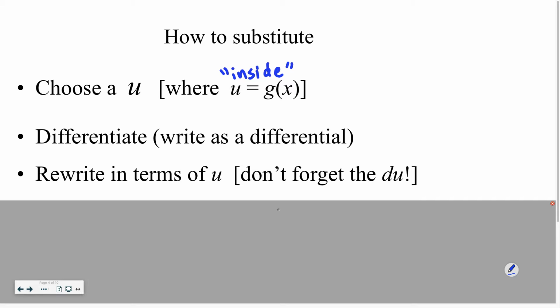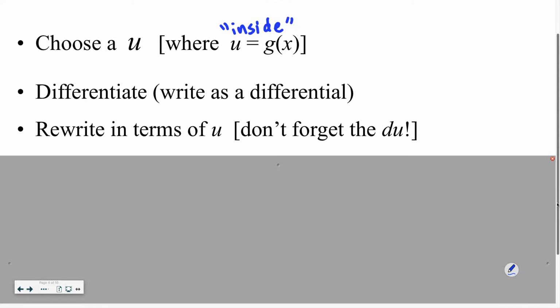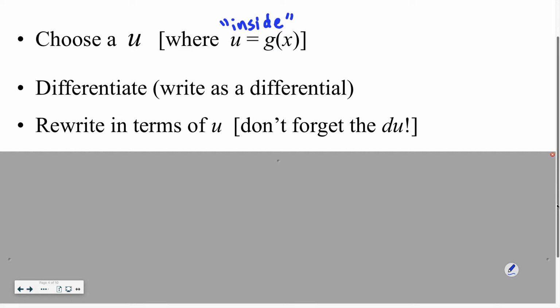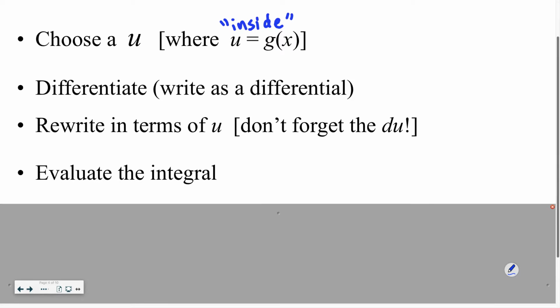So this differential step right here is going to tell you what dx is so that we can replace it in terms of du. Once your integral is in terms of u, then we can actually take the antiderivative using our basic rules that we've learned.